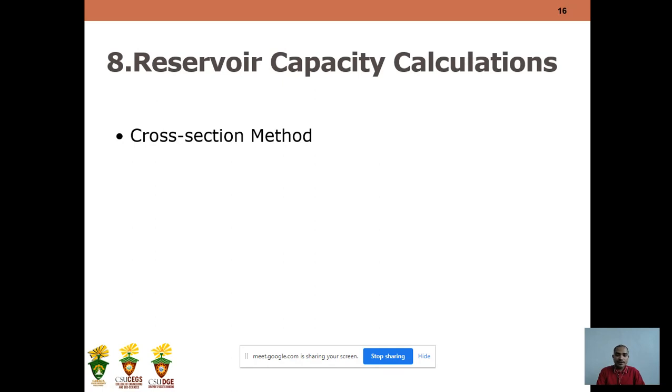First is the cross-sectional method, and the second is the control method. We will discuss only these two basic, fundamental methods employed to get the volume or capacity of a certain reservoir.